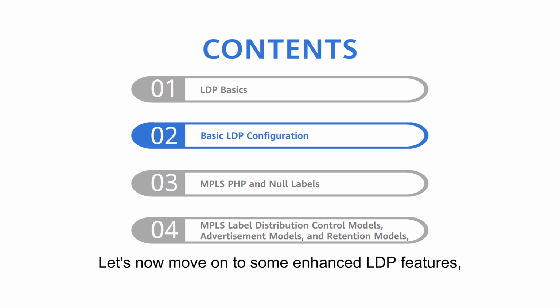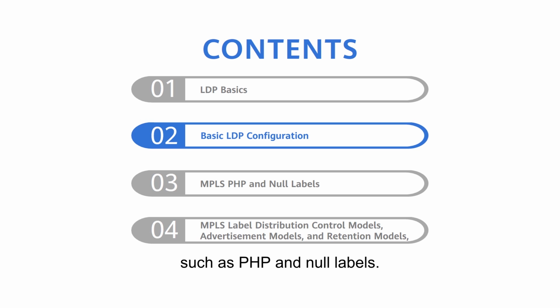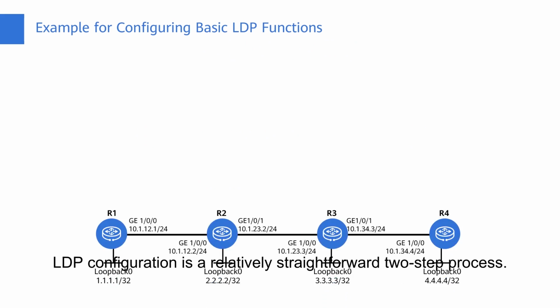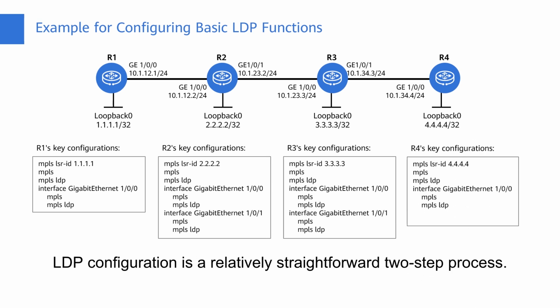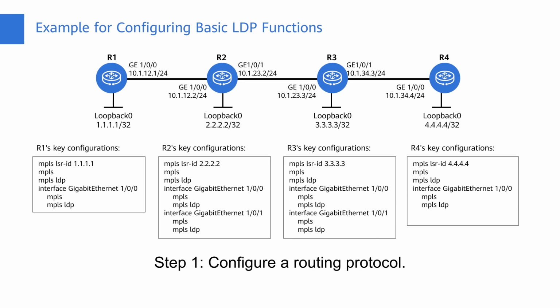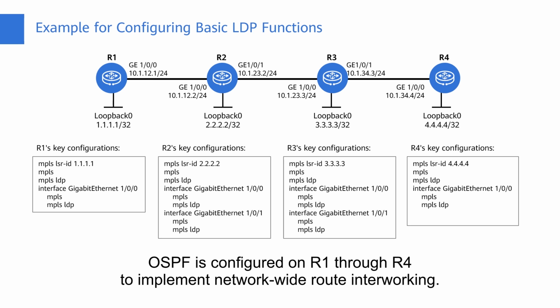Let's now move on to some enhanced LDP features, such as PHP and null labels. LDP configuration is a relatively straightforward two-step process. Step 1. Configure the routing protocol. In this example, OSPF is configured on R1 through R4 to implement network-wide route networking.